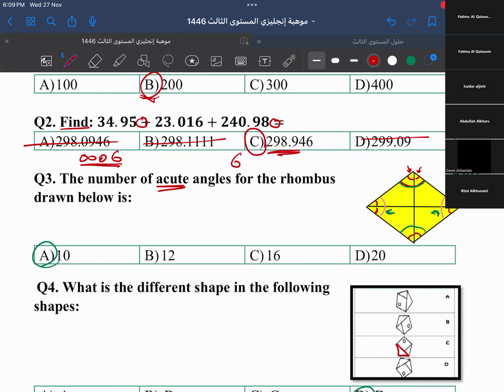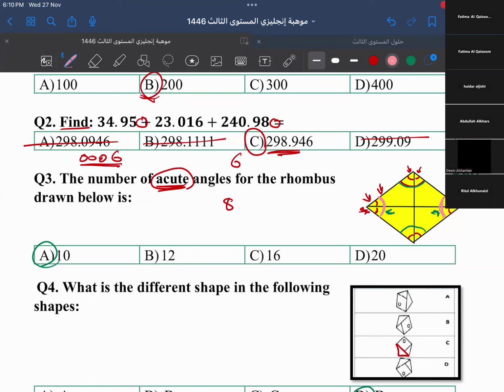Excellent. So here we're talking about the acute angle specifically. We saw here that we have 2 small acute angles on each side, with a total of 8. These ones here are acute.